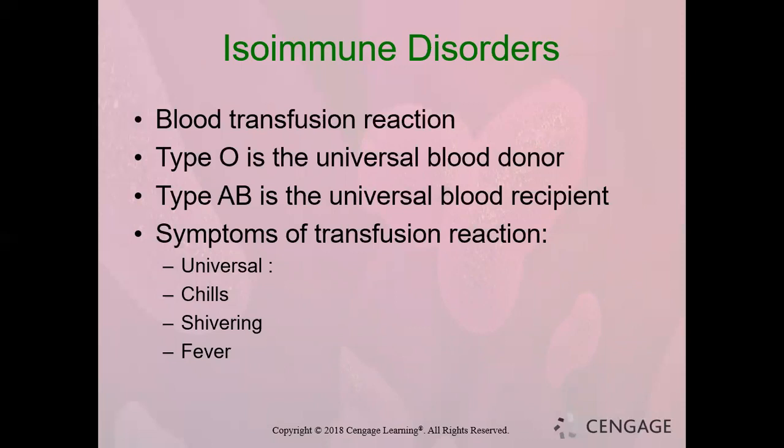But there can be transfusion reactions, and they usually pre-medicate with ibuprofen and Benadryl before they give somebody a blood transfusion to help prevent some of these things. But you guys do need to know the universal blood donor type and the universal blood recipient type. So somebody who is AB can receive blood from A, they can receive blood from B, and they can receive blood from O.